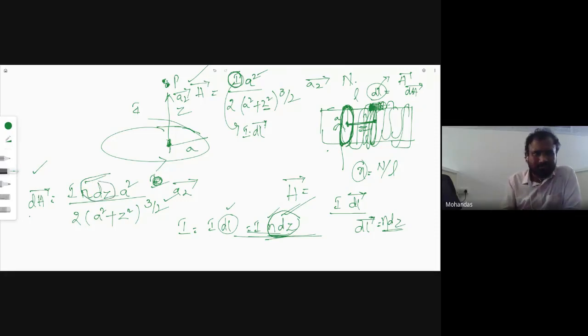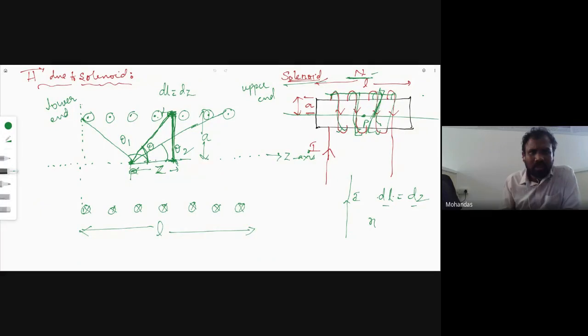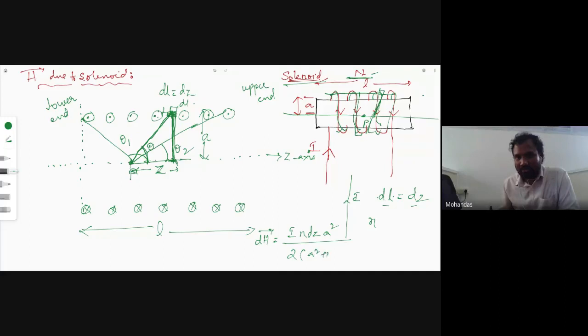Now, due to this differential length, again I am writing here dH equal to I into n into dz into a square divided by 2 into a square plus z square, in the direction of az, right?